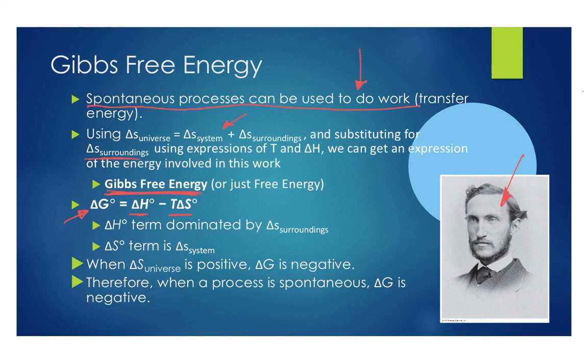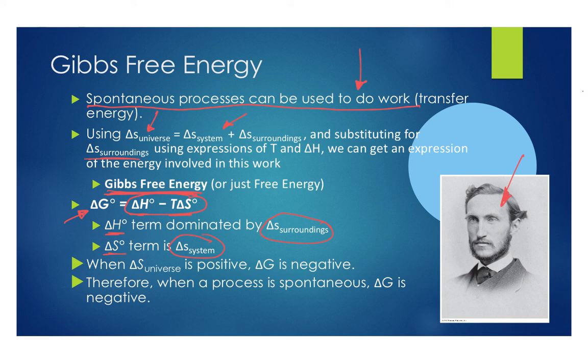What you do need to know, though, is that, as we learned in our POGIL, the delta H term is very closely related to the change in entropy in the surroundings. And the delta S term, of course, is the change in S in the system. So this is about the change in entropy in surroundings and system, which we know is the change in entropy of the universe.